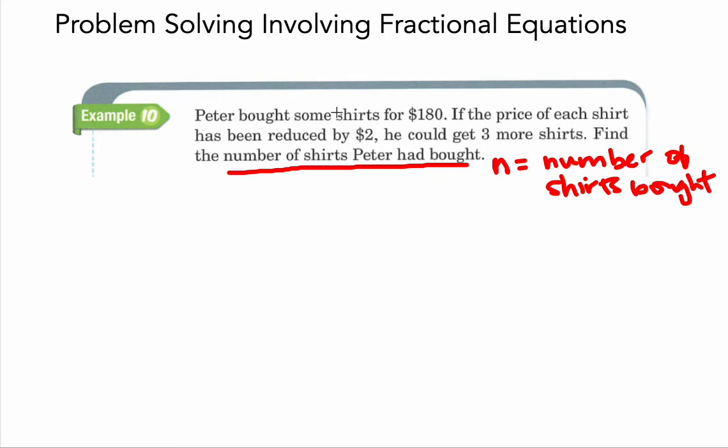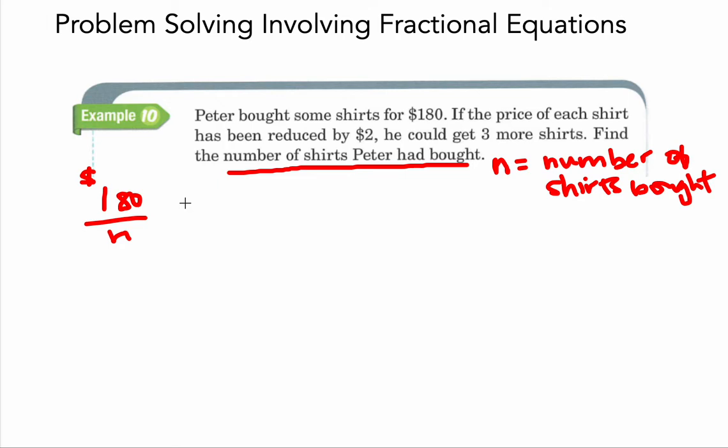Okay, so then if Peter bought some shirts for $180, and we also don't know the price of each shirt, but we do know now that we have n as the number of shirts that Peter bought, then I can think to myself, well, if I did know the number of shirts that Peter bought, I would take $180 and divide that by the number of shirts to get the price of each shirt.